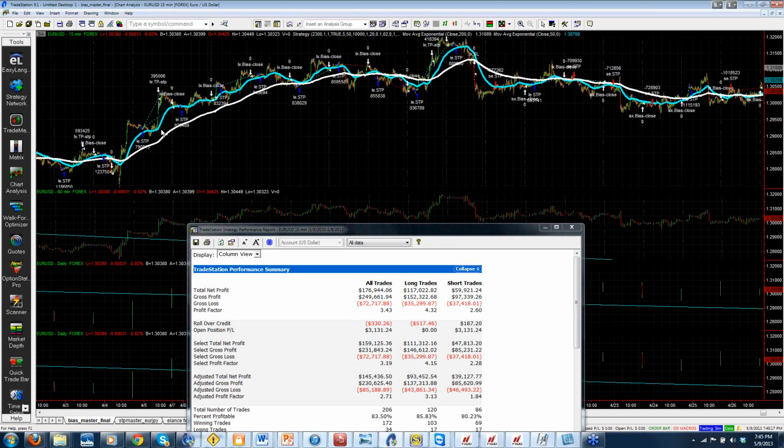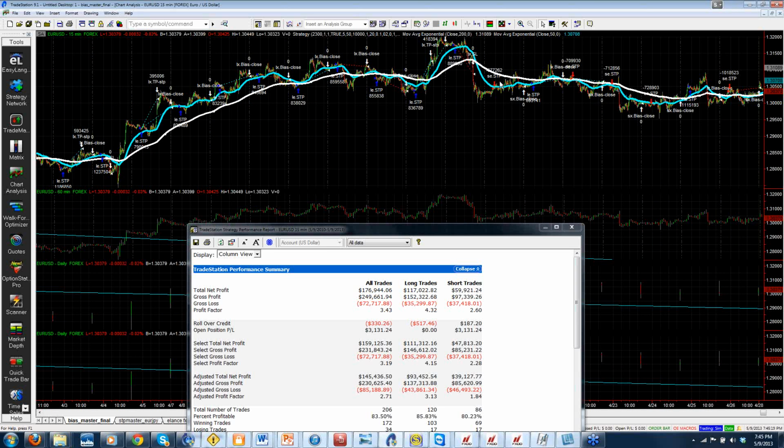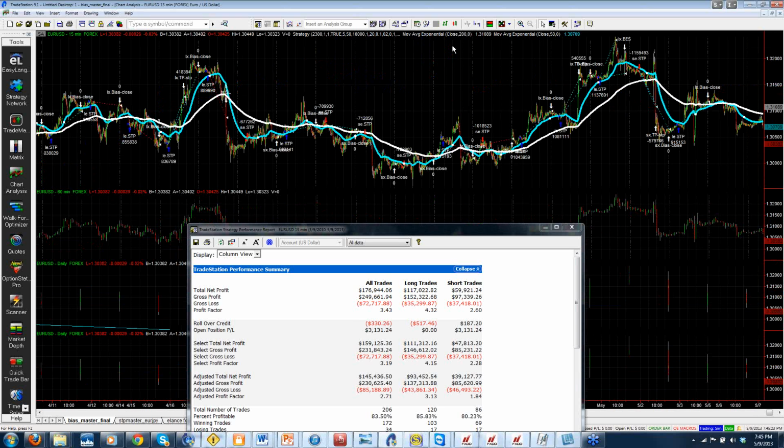So let me go ahead and show you this, because this is basically how this works. Each one of these lines, these individual areas, is a day. All right, so this represents a day. Then you have another line. It represents another day. It represents another day.